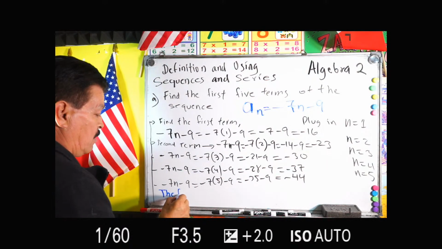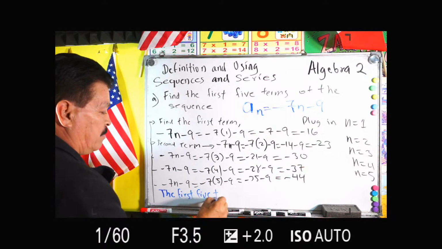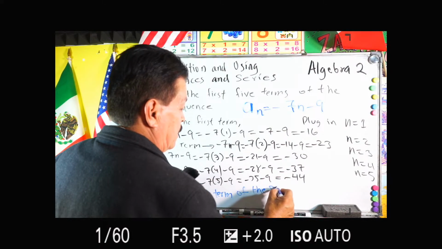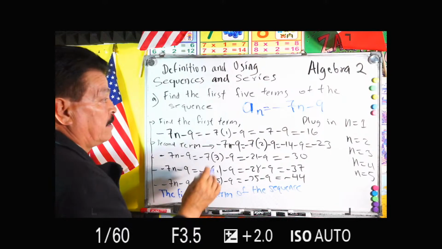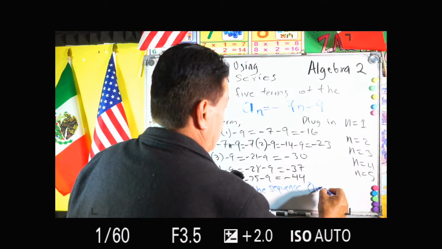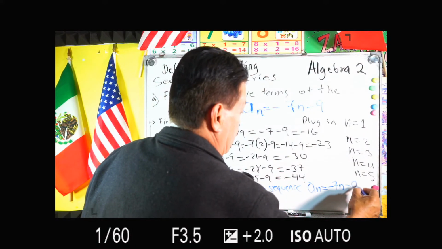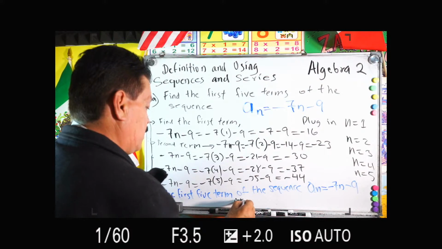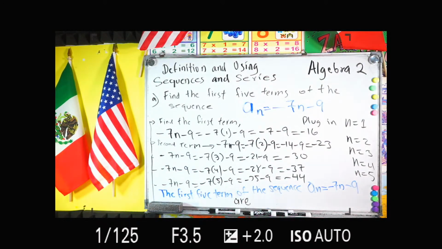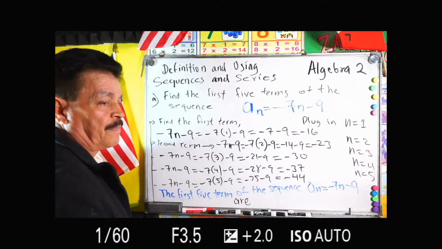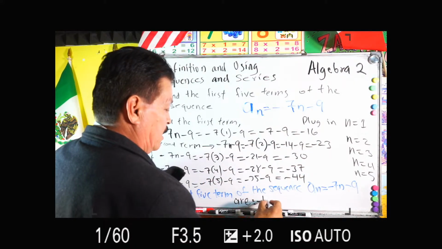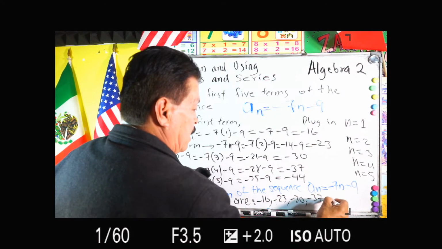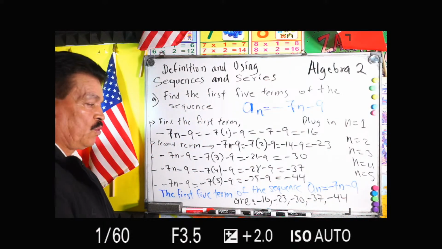The first 5 terms of the sequence negative 7n minus 9 are: we got negative 16, negative 23, negative 30, negative 37, negative 44. That's the solution to this problem.